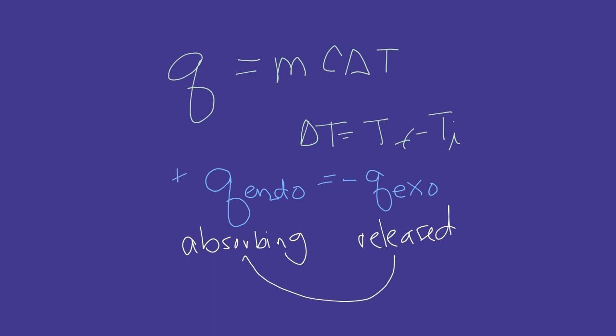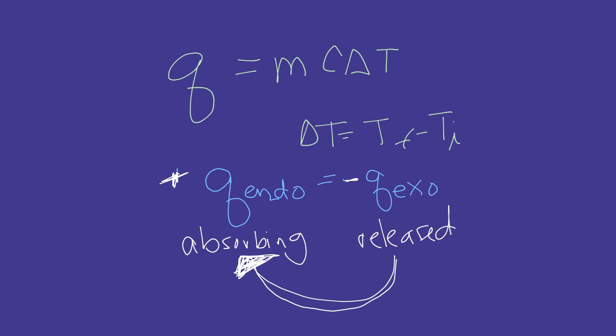So the thing that released the heat gives it to this thing which absorbs the heat, or it could even be that the thing that needs the heat is stealing it from this, right? So it's not always willingly giving. Sometimes there's an exchange. The exo, that's why it's negative, because it's losing the heat energy and it's giving it to the system that is endothermic.